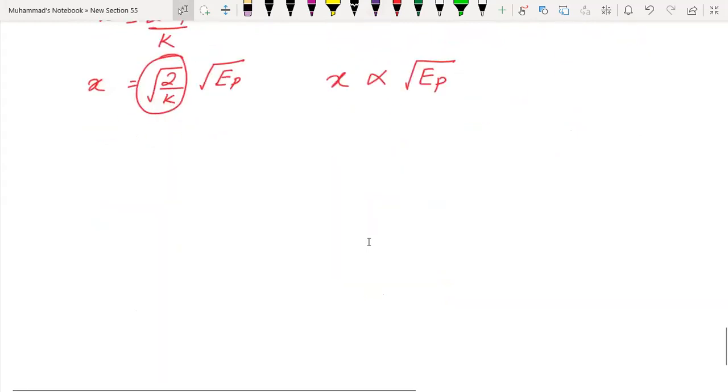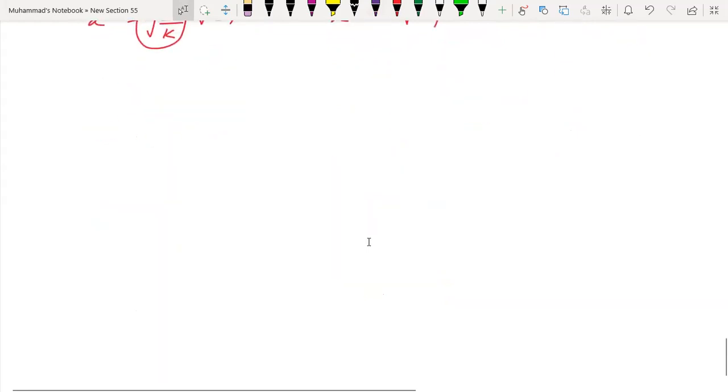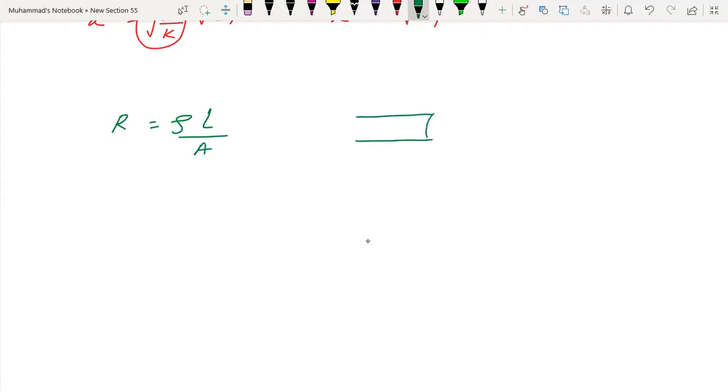Okay, so another important situation is, you know that the resistance of a wire is given by this formula, rho L over A, where L is the length of the wire and A is the cross-sectional area.